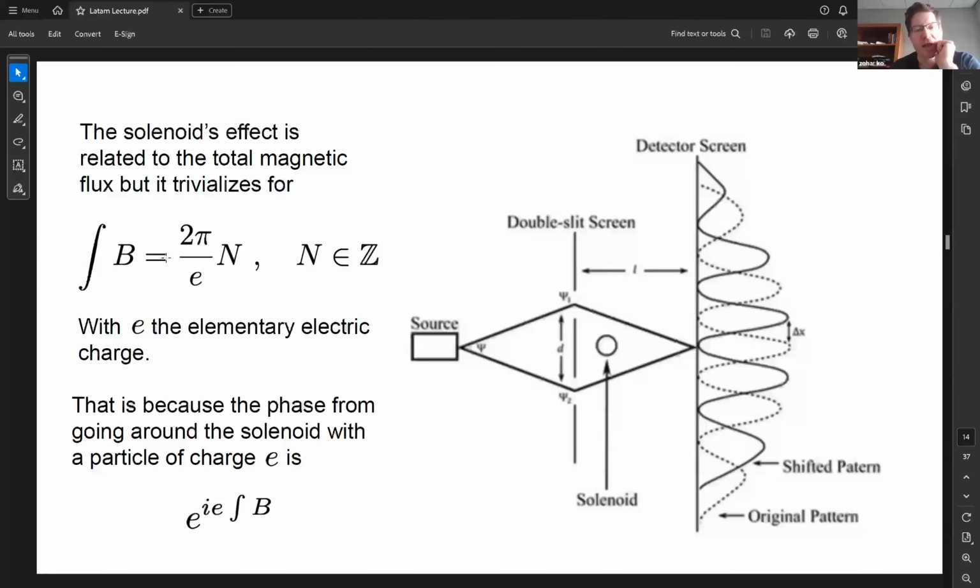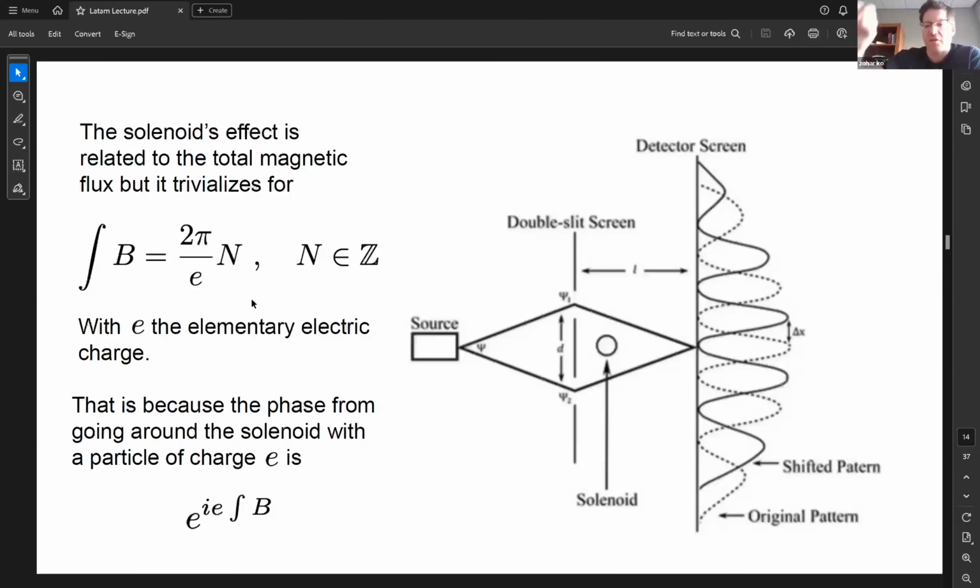So if the solenoid flux is 2 pi over e times an integer, any integer, positive or negative, then the solenoid becomes invisible. And the interference pattern in the double slit experiment is the same as the original pattern. But if the magnetic flux is any other number, that's not 2 pi over e times an integer, then the solenoid becomes visible.